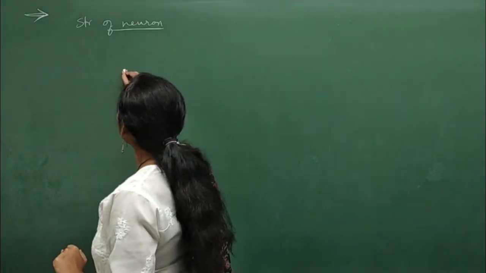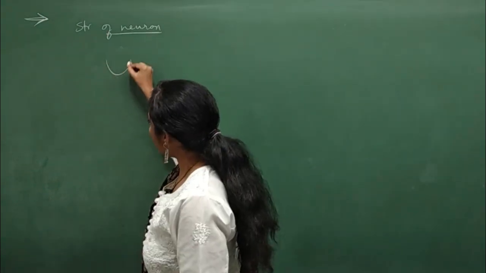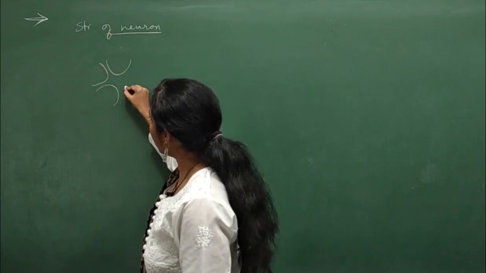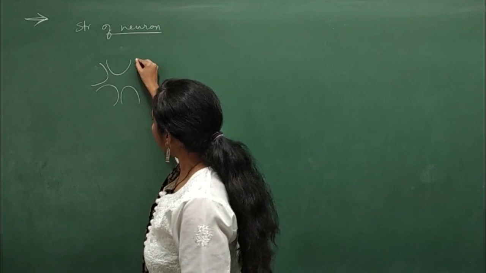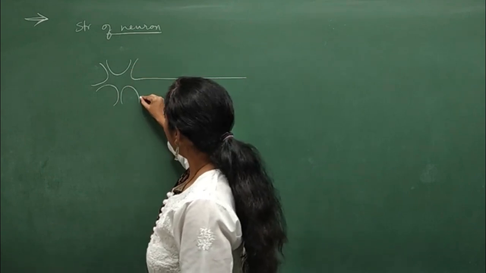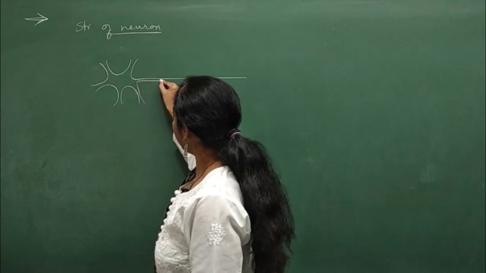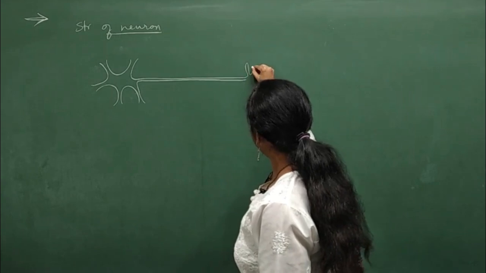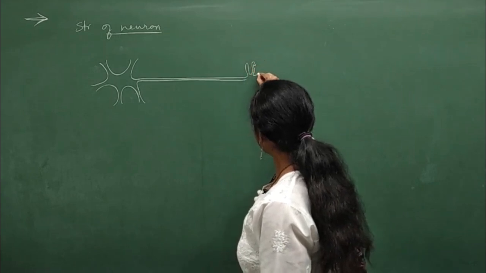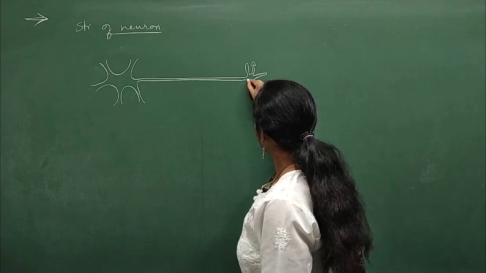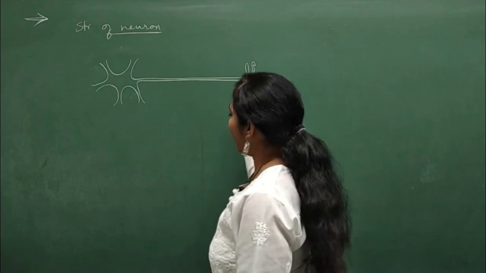What you have to do is draw some C-shaped structures initially, something like this. One C, make it a long tube. Another C, make it a long tube. And end something like this. Okay, so this is how you have to end this.